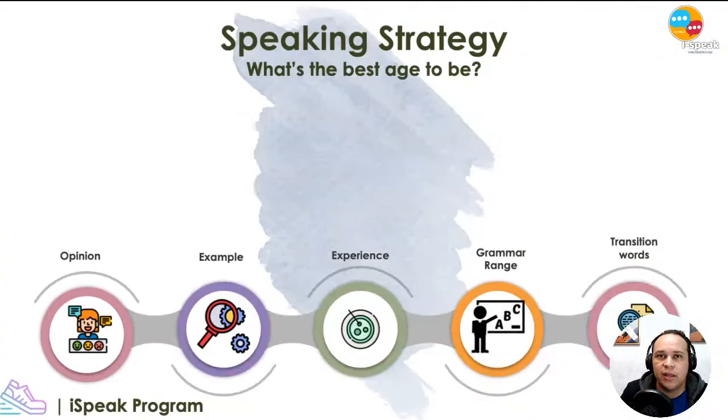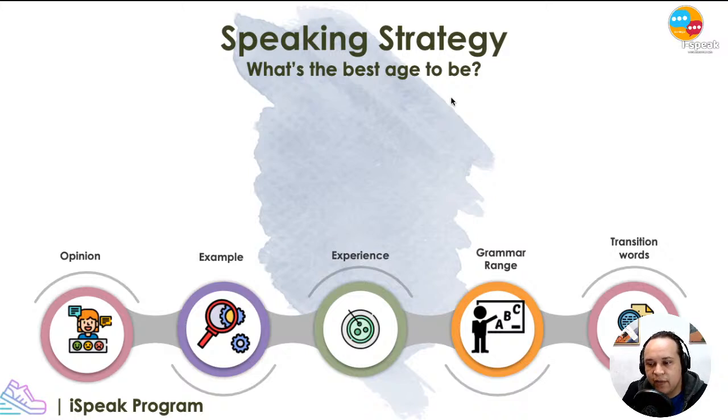So, what is the speaking strategy? One more time, in order for you to improve that part of speaking, the question we have right there is, what's the best age to be? One more time, what's the best age to be? So, how are you going to develop this answer?